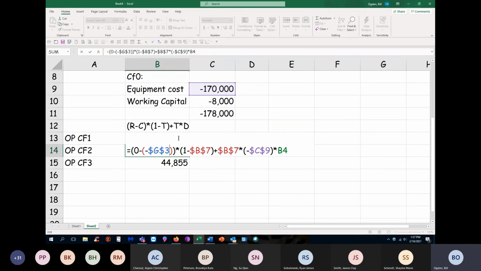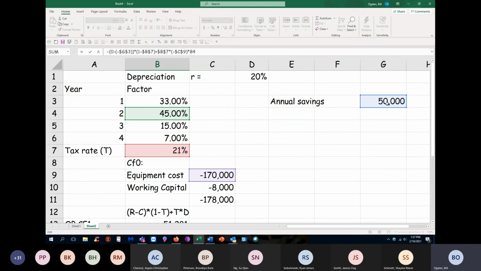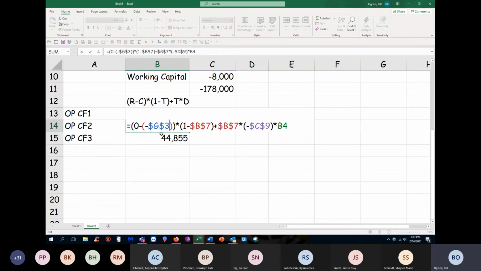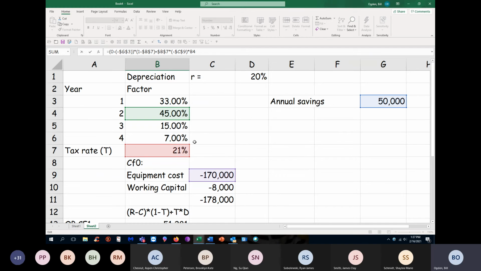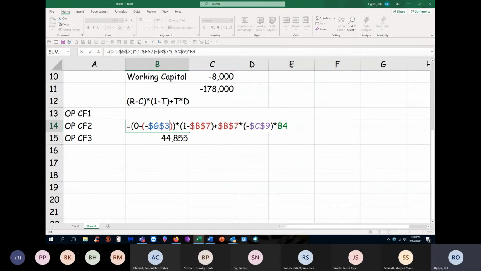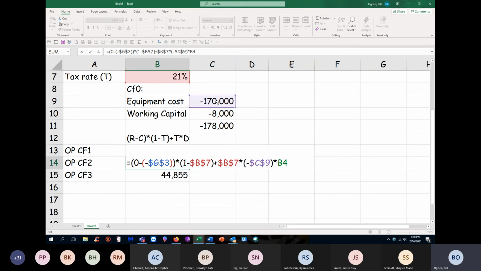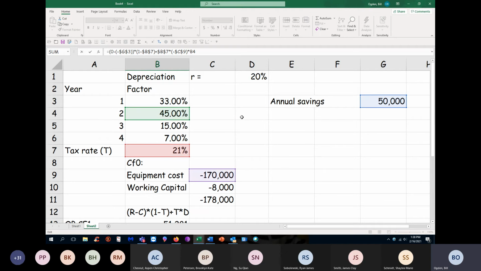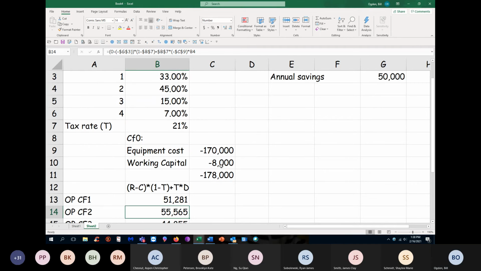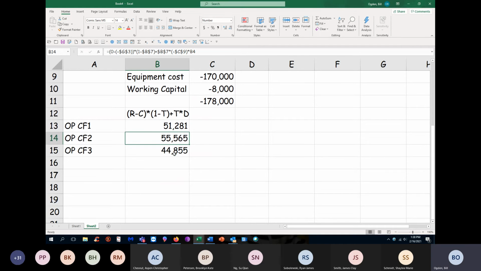Okay, so I'm 0 minus 50,000 times 1 minus T, that looks good, plus T, looks very good, times acquisition cost, times, and I should be into the second factor now, which I am. Looks good. Is everybody all right on this? Did I copy correctly?